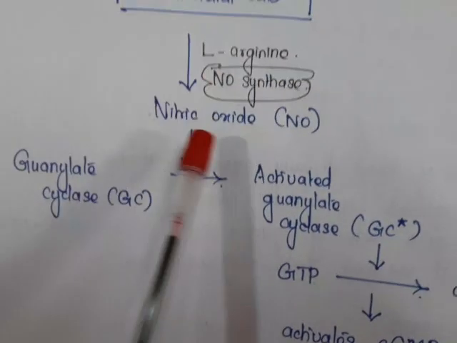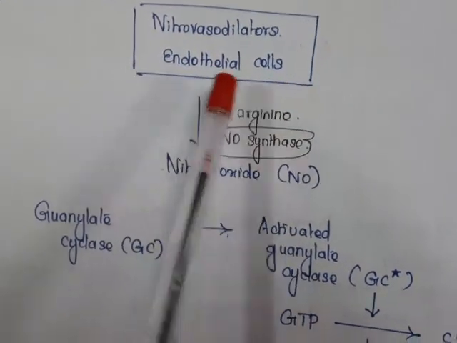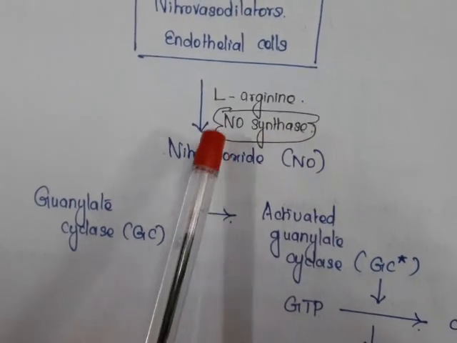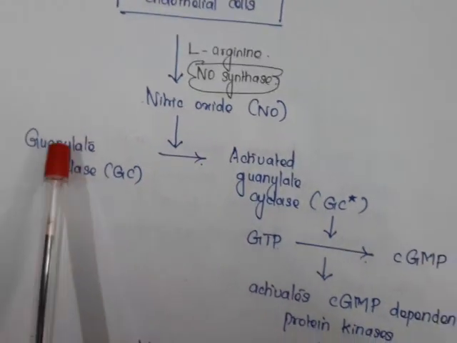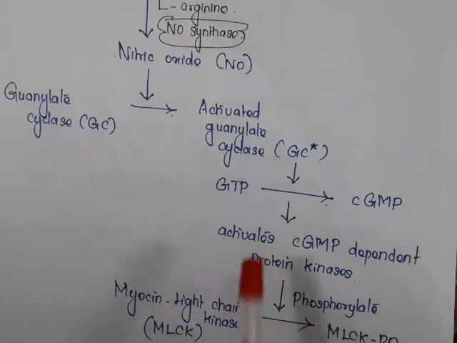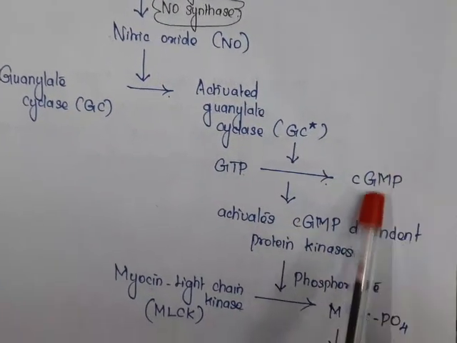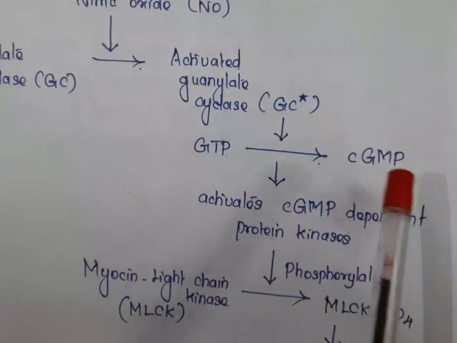So nitric oxide is secreted from the endothelial cells. This nitric oxide activates guanylate cyclase, which converts GTP into cGMP, so the level of cGMP is increased.